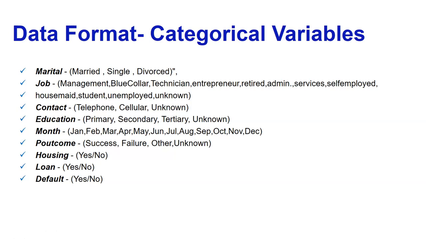That is where the marketing teams failed in obtaining a prospect or converting the prospect to a customer. This is the failure category. Other and unknown: other is the customer picked up the call or responded to the email but didn't reveal any answer.